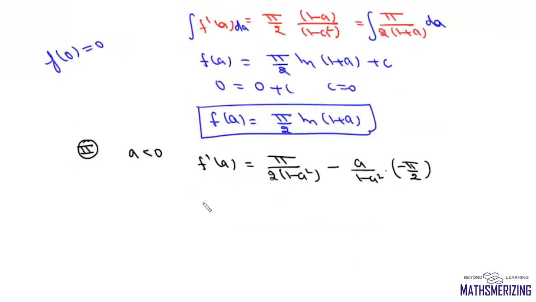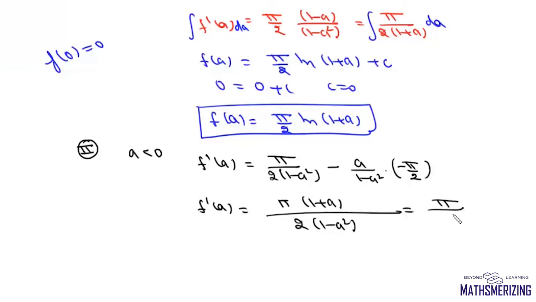Now we can write this as f dash a equals 2 into 1 minus a square, and the numerator will be pi and 1 plus a. Now 1 plus a will cancel, we'll get this as pi upon 2 into 1 minus a.